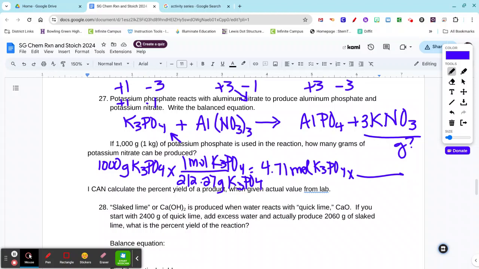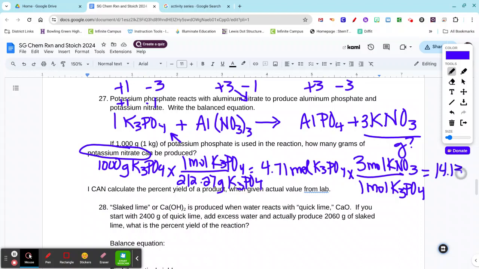So I see up here I have a 1. So I have 1 mole of K3PO4. And I'm trying to go to potassium nitrate. Well, that's this guy over here, so I have 3 moles of that. So my next step then is to multiply my answer, 4.71 times 3. And I get 14.13 moles of KNO3.